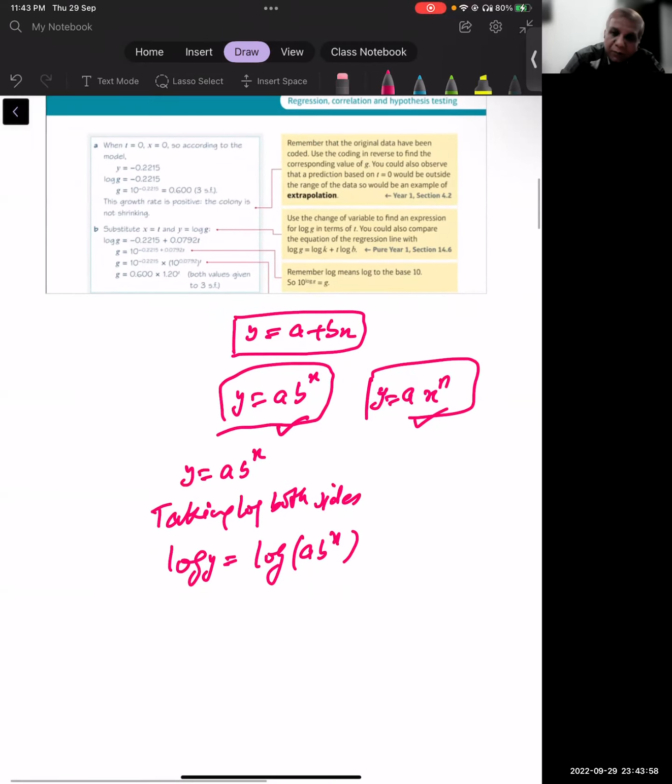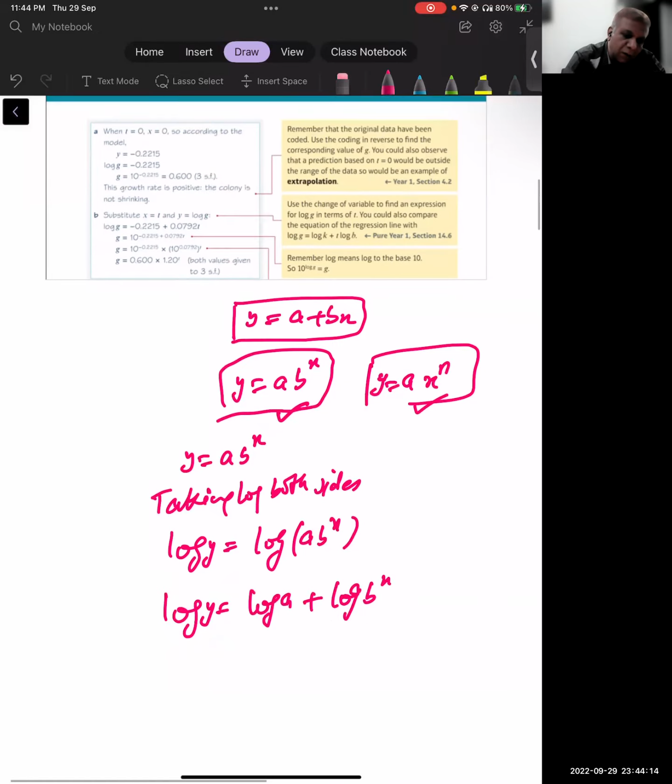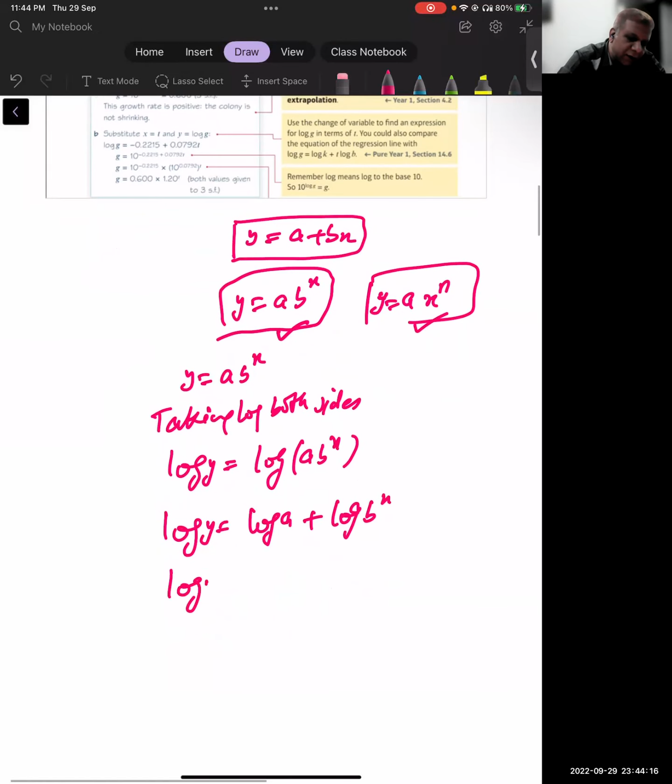Now there is a product between the two, so the formula will be applied as log y = log a + log b^x. Now another property is applied, the power rule. The power will be taken outside: log y = log a + x log b.